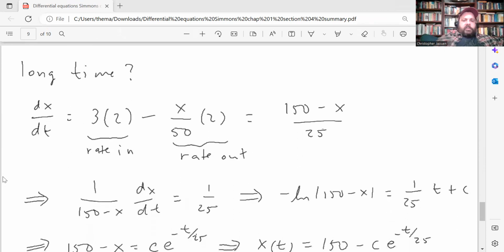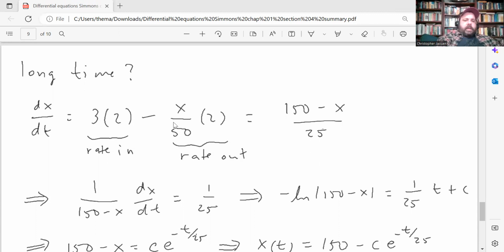All right, so we set up our differential equation here. So here we have actual numbers to work with. We had water coming in that contains 3 pounds of salt per gallon, and it was coming in at 2 gallons per minute. So this is the rate that salt is flowing in. So you have 6 pounds per minute coming into the tank.